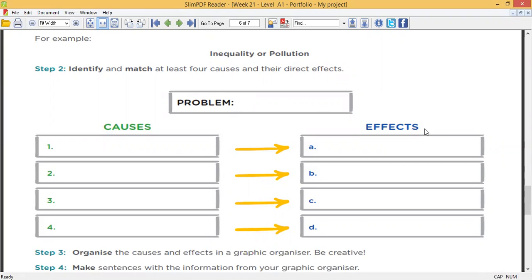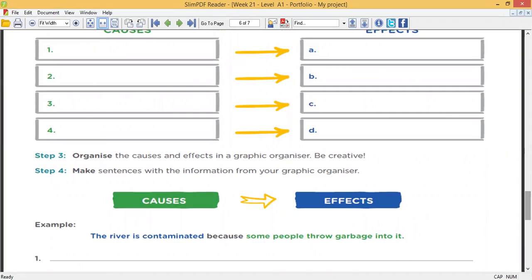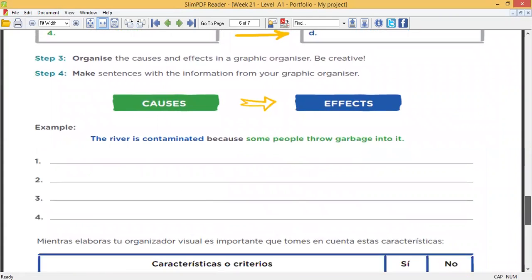It's the same structure. You have to write here the name of your problem, then the cause and the effects. Decide on one organizer, or create your own organizer, and write sentences.